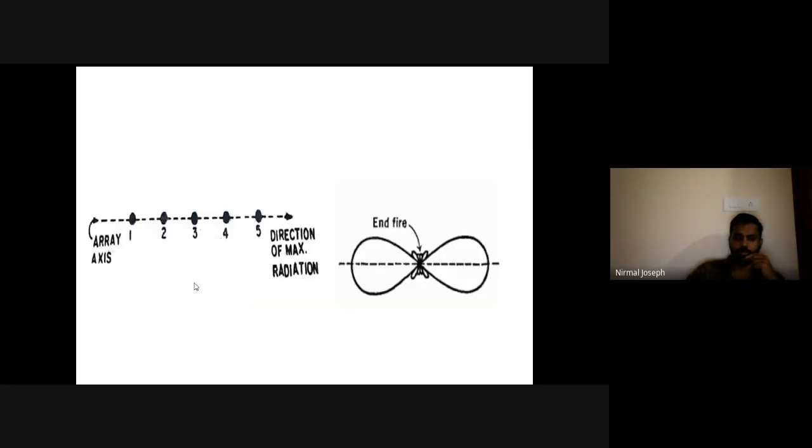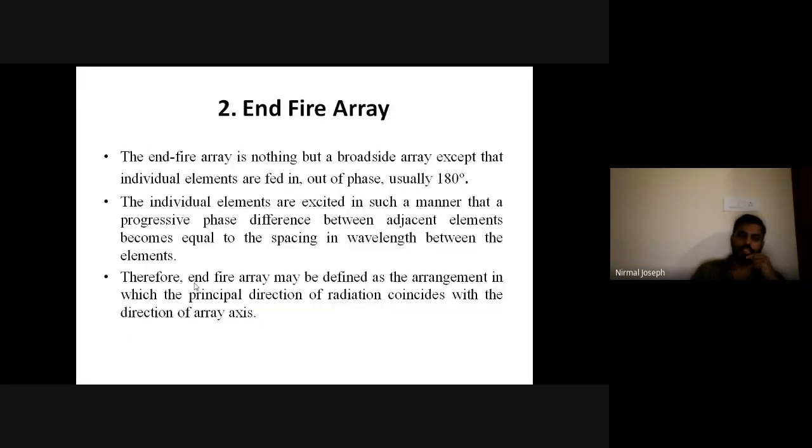So we'll move on. Second one, that is the end-fire array. This also we have seen. The end-fire array is nothing but a broadside array, except that the individual elements are fed out of phase, usually 180 degrees. In a broadside array, the individual elements are fed with currents in phase, or the same phase.